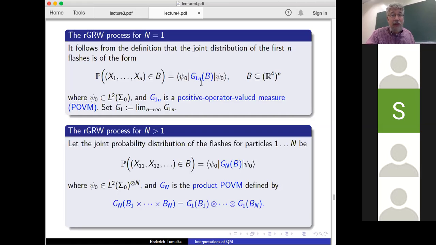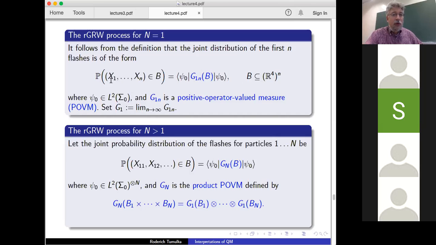B is any subset of R4 to the n, so that's any event that you could have for these n flashes. And G1n is a positive operator valued measure, or POVM, on this space here. So this is always a positive operator, and it's additive in the set B.